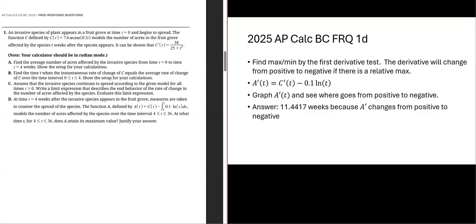Because technically, if you show a table, you have to prove that this A prime is, first of all, continuous everywhere in that interval, and it's monotonic. Okay. So a table is risky in my opinion, unless that's what they require nowadays, then do it. Honestly, I don't know, I haven't looked too much into details. But from a conceptual point of view, this is the explanation.